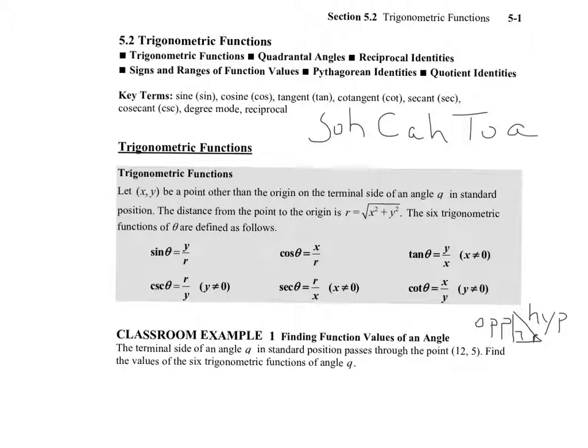The one that is right next to it is called adjacent. Because if you're adjacent to something, you're next to something. So that's where the O and the A and the H are coming from when we talk about SOHCAHTOA. Okay? So, that's going to help us get these ratios down.